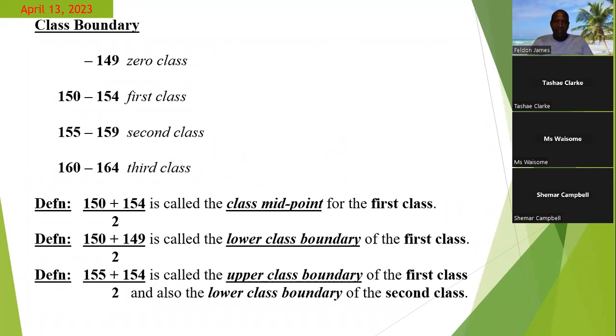You seeing that, guys? So what is the upper class boundary for one class becomes the lower class boundary for the next class. Let us add 0.5 to this, because apparently you are a little lost with what I'm saying.